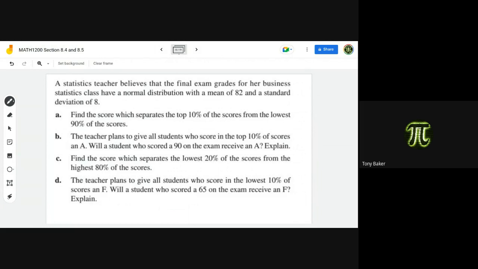Because it always holds true, no matter what test they gave you. It's not only on the good tests, it's also on the bad tests. So if they gave a test that was really hard and everybody failed it, and they graded this way, the bell curve would still hold true. So if everything else stayed the same and my mean was a 52 instead of an 82, you'd have gotten an A with a 62.